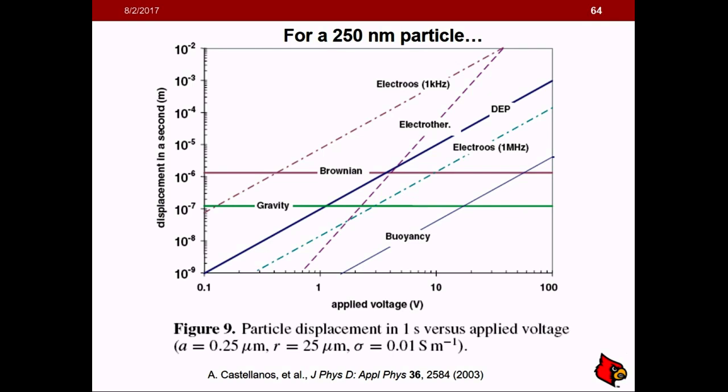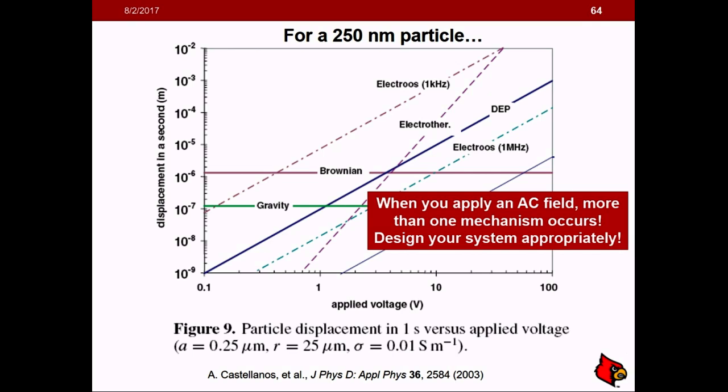So just be aware that when you apply an AC field, more than one mechanism occurs. It's just a matter of design, whether proper media, proper electrode geometry, etc. Design your system appropriately so you can modify it to where you have your dominant mechanism that you want for your system.